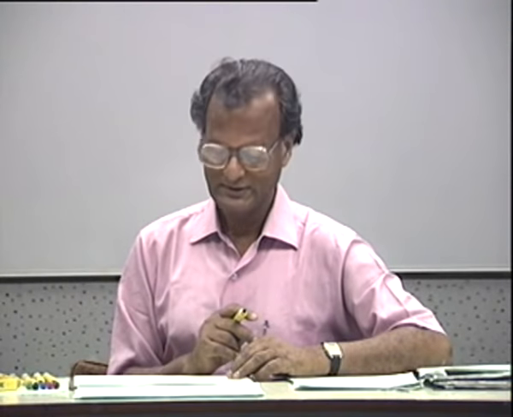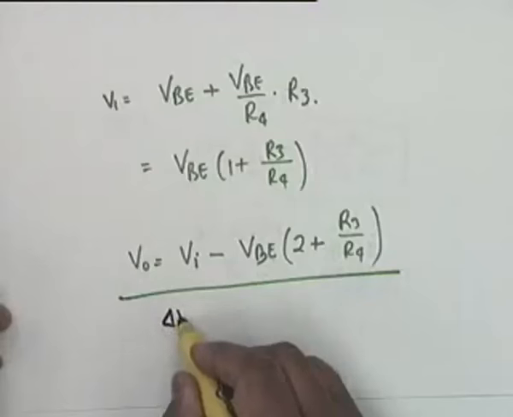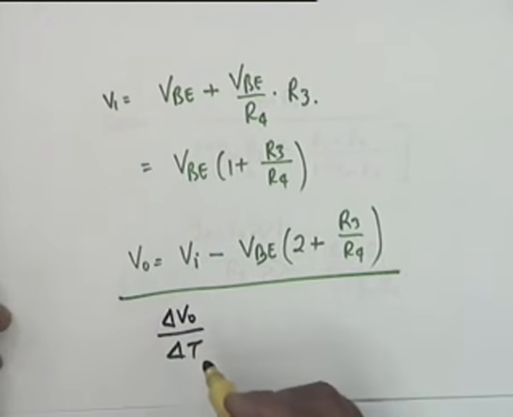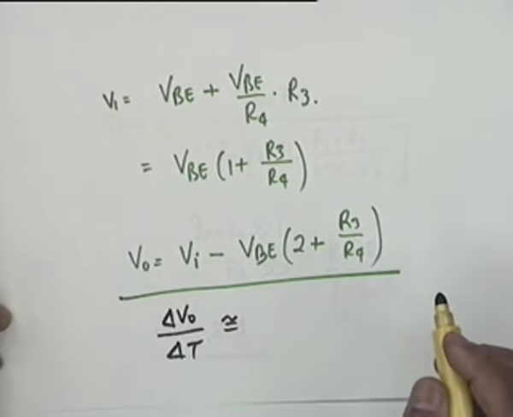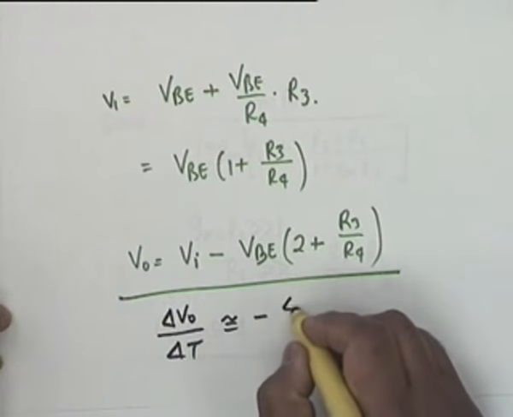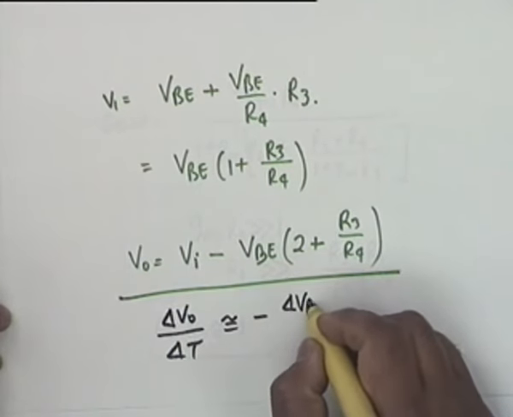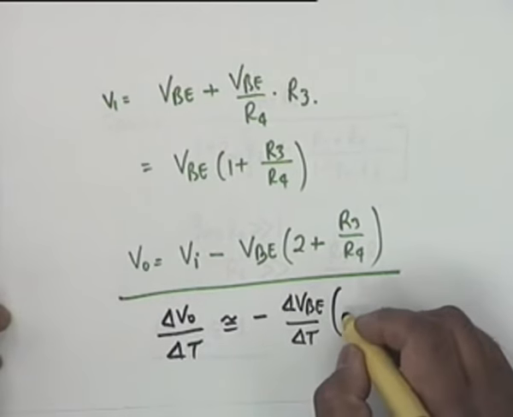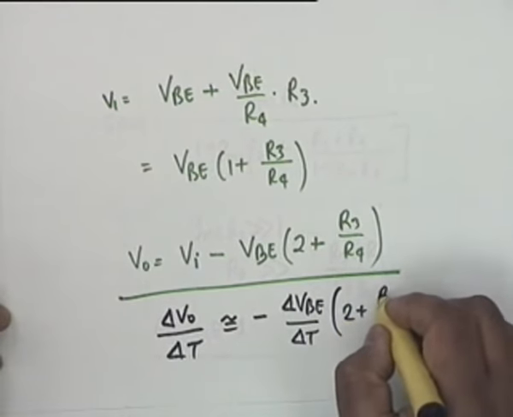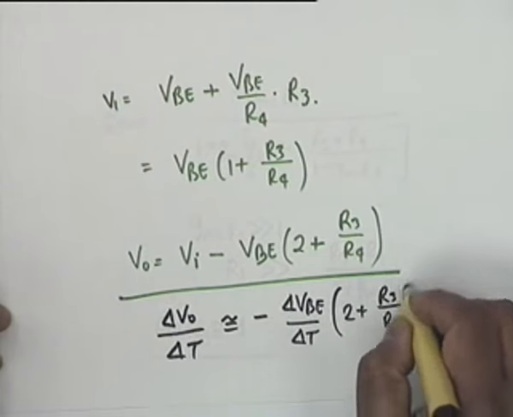There is a disadvantage also. What is the disadvantage? Disadvantage is temperature dependence. The temperature, see, delta V0 delta T would be approximately equal to minus delta VBE by delta T multiplied by 2 plus R3 by R4.